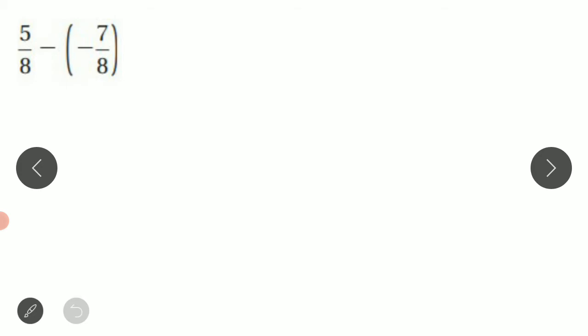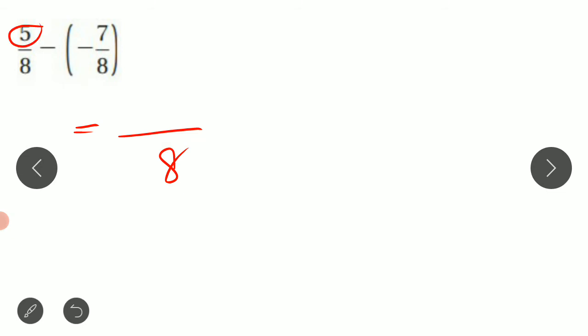As usual, no changes. You need to see whether the denominators are same or not. So here the denominators are same, so we can take the common denominator 8. Then let's simplify the numerators.